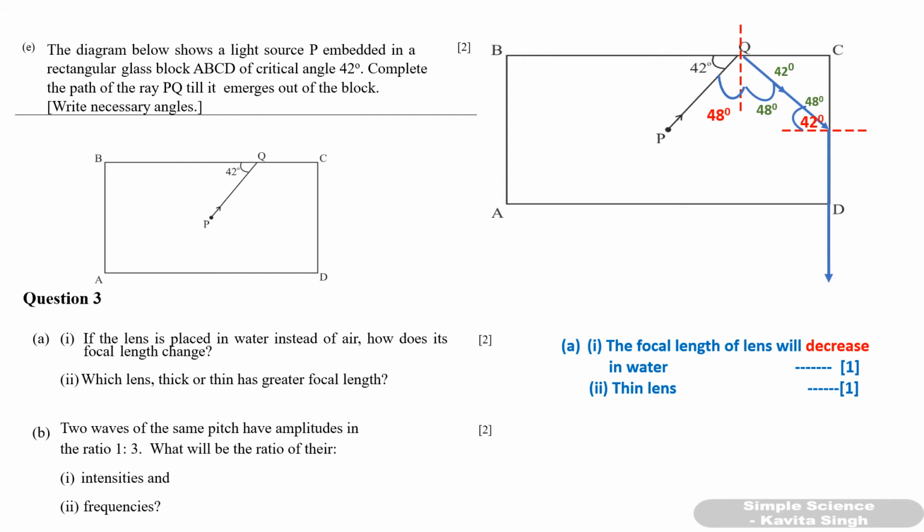So the ratio of their intensity depends on the square of the amplitude. So the ratio of their intensities will be square of 1:3. So that means 1:9. And ratio of frequencies will be 1:1. Why? Because they have same pitch. So same pitch means same frequency. So their ratio will be 1:1. 1 mark each. Okay.